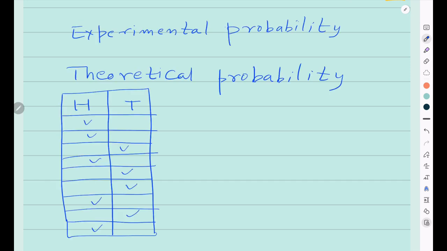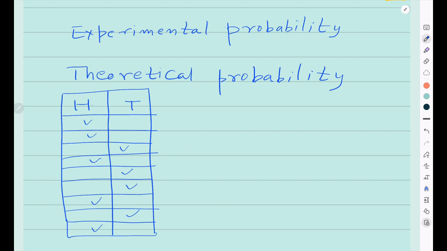One more concept which I would like to take up is experimental probability versus theoretical probability. In order to understand the difference between experimental and theoretical probability, let us again take the example of tossing a coin.